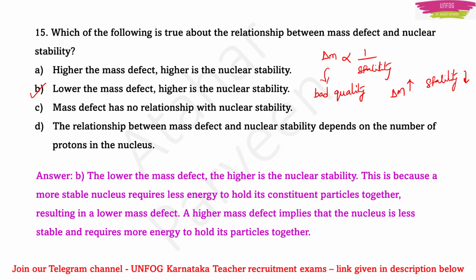So if binding energy is less, obviously mass defect is less. It means that the atom is stable. Okay, higher mass defect will imply nucleus is less stable because it will require more energy to hold its particles inside the nucleus. Okay, so lower mass defect, higher nuclear stability. This you have to remember. Okay.